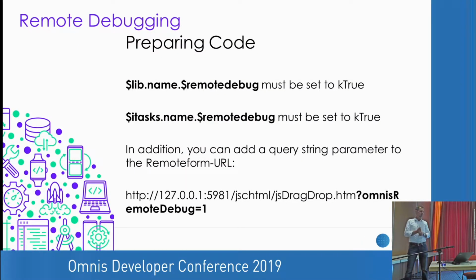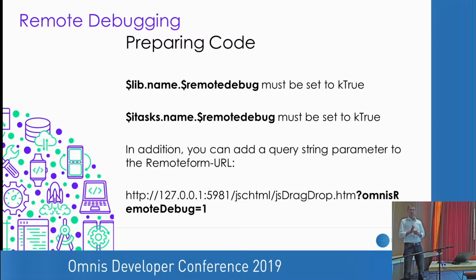Remote debugging doesn't work by default. You need to modify the remote debug property of your library and set it to true. In addition, you need to change the remote debug property of the task instance.